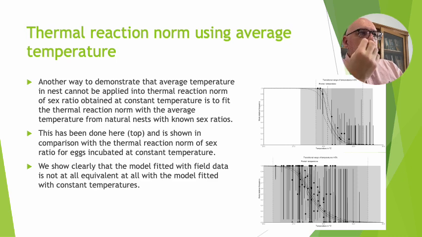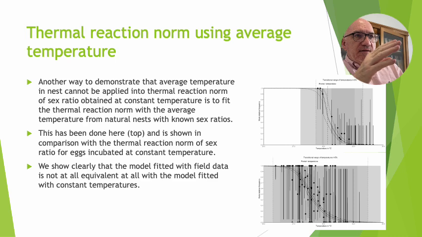Another way to show that the average temperature cannot be a correct CTE, a correct proxy of temperature to describe sex determination, is shown here. At the top, you have the average temperature recorded in different field nests on the x-axis, and on the y-axis you have the observed sex ratio.